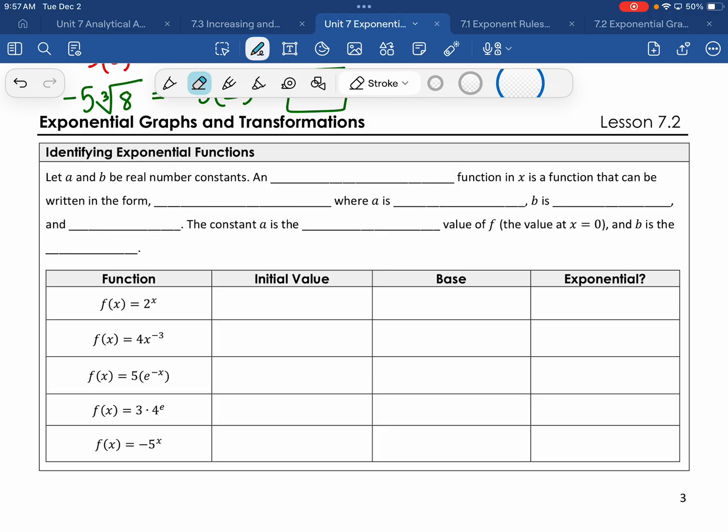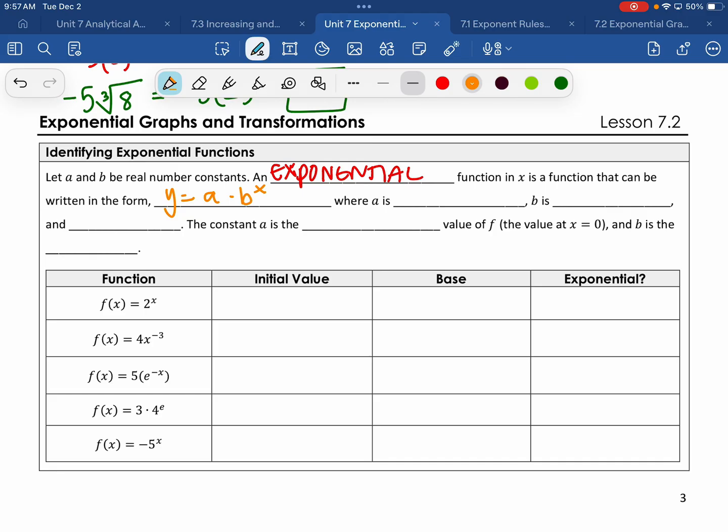So let a and b be real number constants. An exponential function in x is a function that can be written in the form y equals a times b to the x.